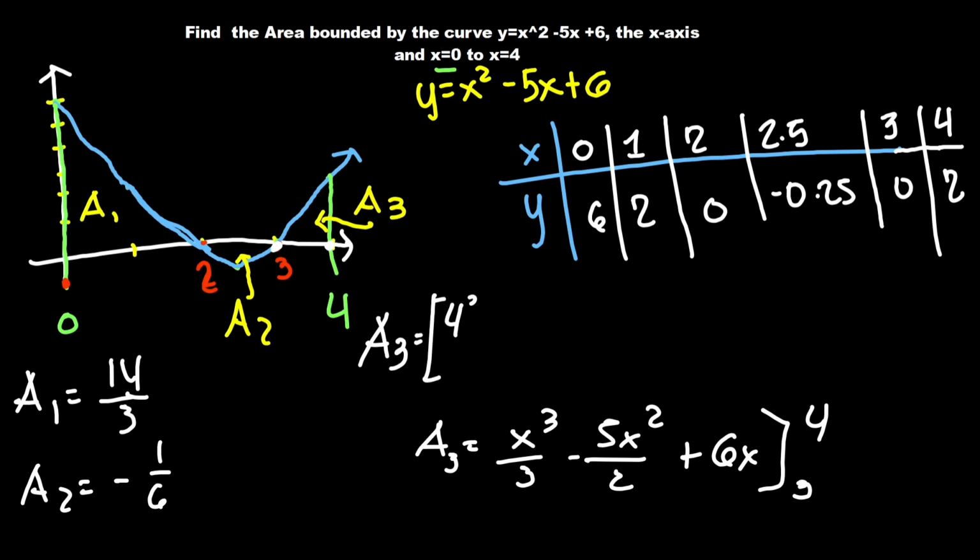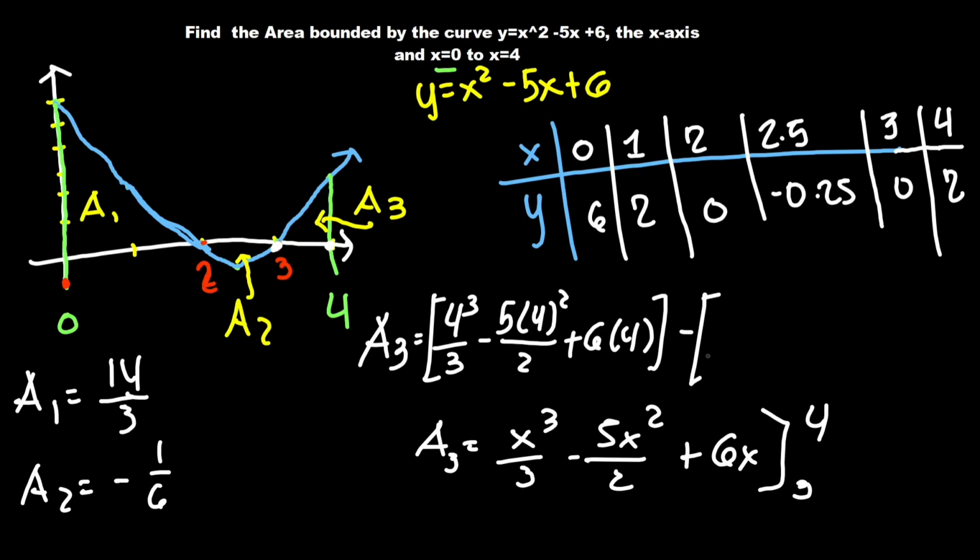This would be 4 cubed over 3 minus 5 multiplied by 4 squared over 2 plus 6 multiplied by 4. Subtract this by the value of 3, which is 3 cubed over 3 minus 5 multiplied by 3 squared over 2 plus 6 multiplied by 3.